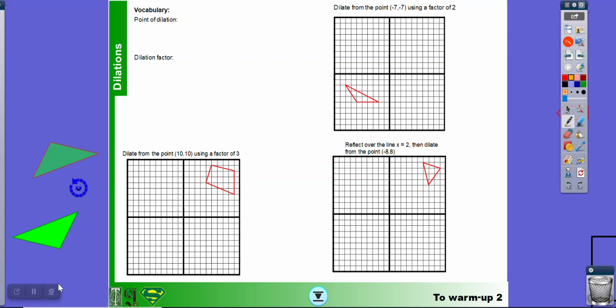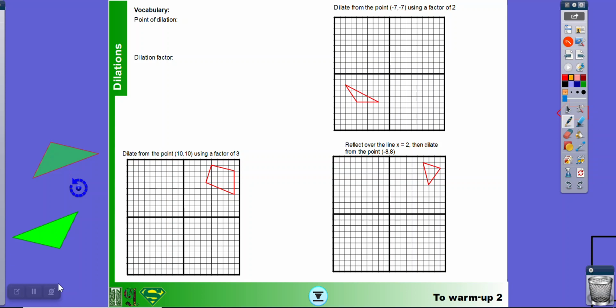So we deal with dilations frequently when you look at images on a screen. That's what makes it look realistic, like you're actually in the world that you are looking at. VR goggles in particular are dealing with dilations, because that makes you feel like you're in the location that you're looking at, right? All right, so that's what we're talking about today.